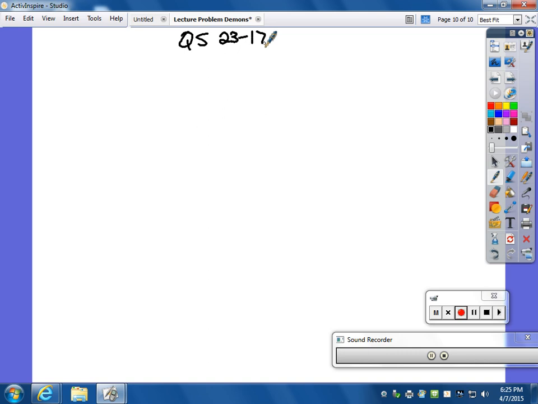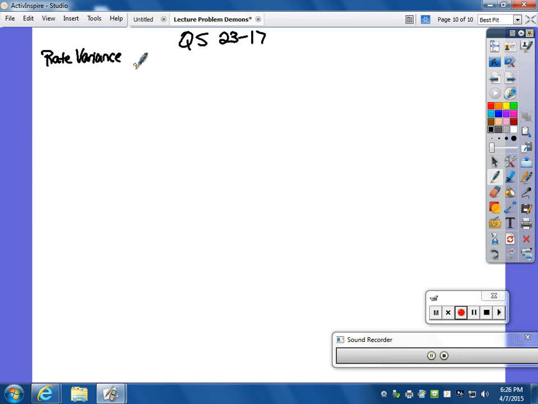Rate variance and then efficiency variance. So with the rate variance, what are we concerned about first? Actual what? I know that, but what's the equation? Actual what times what?